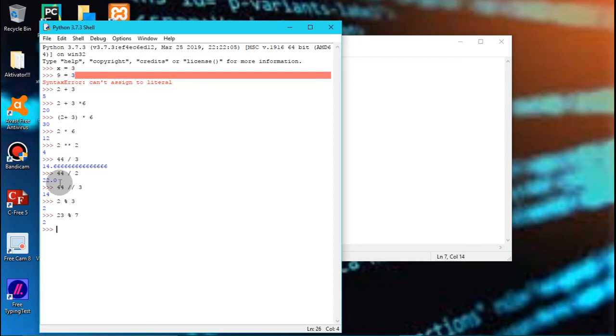And we have the minus sign, just the subtraction. 2 minus 3, we get minus 1.